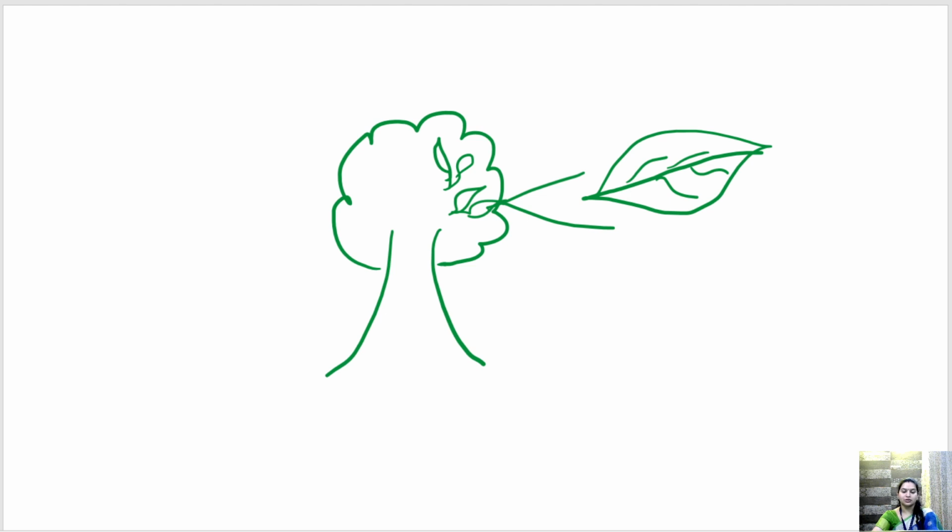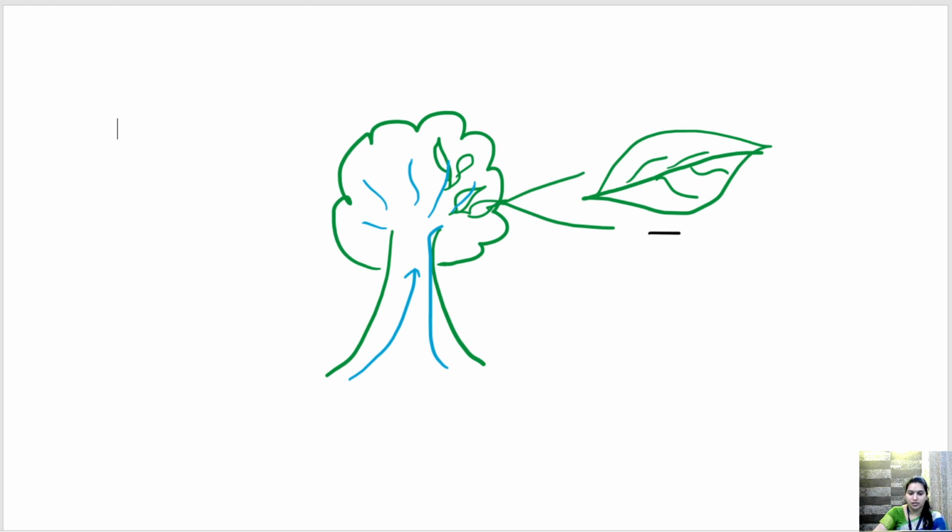Alright, so water comes from the soil. So water is coming up from the soil. It is going to the entire part of the leaf, isn't it? It is going to here also. Up, what I have told you, what is transpiration?